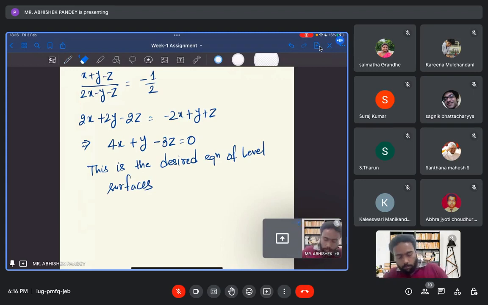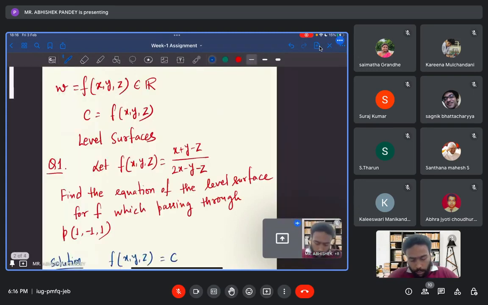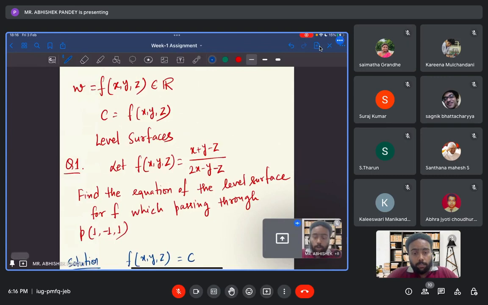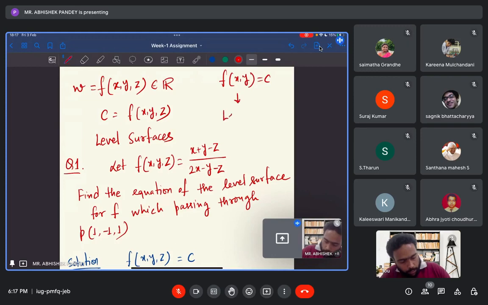So you have three variables. Once you have two variables and you fix a constant c, like f of x comma y is equal to c, such a thing is known as a level curve.